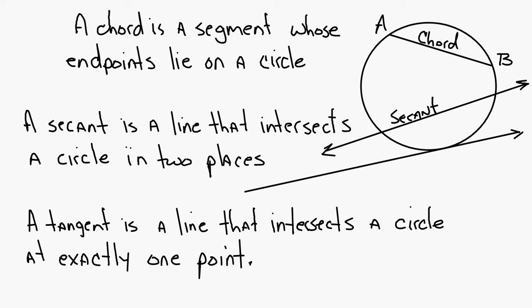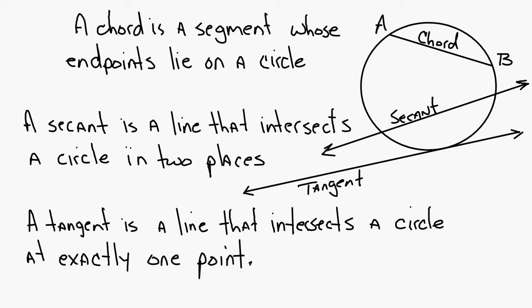Tangent. A tangent is a line that intersects a circle at exactly one point.